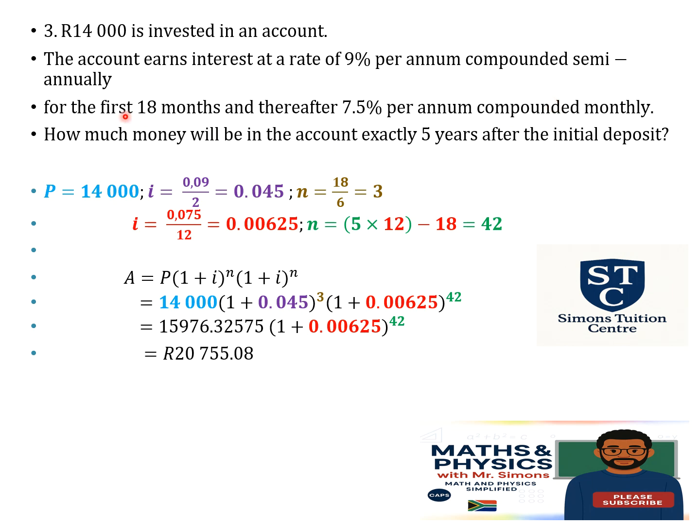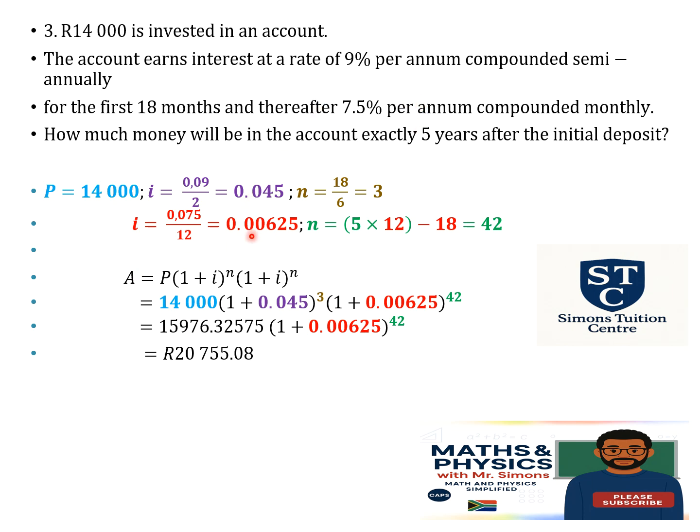I've taken 18 months, which is a year and a half, so here I'm actually working with 3.5 years. But in short, we would say 5 times 12, which gives me 60 months. 60 minus 18 months then leaves 42 months. So n is 42 for the last interest rate change.